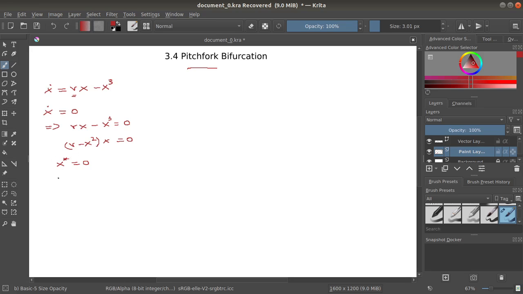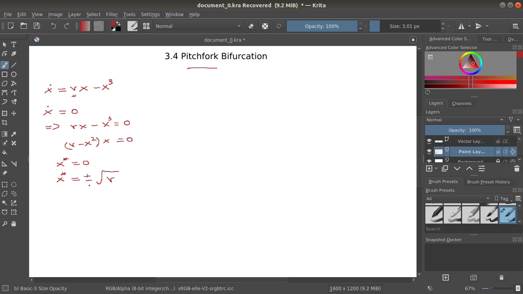And another solution is x star equals plus or minus root r. That's another fixed point, and this fixed point is valid only when r is a positive value. If r is negative, there is no solution.